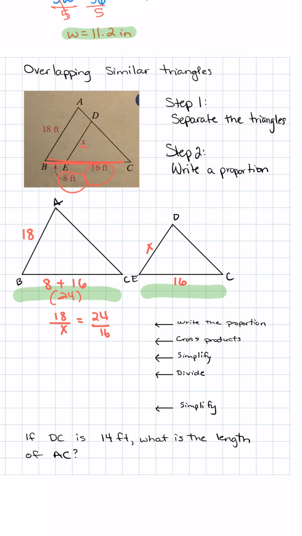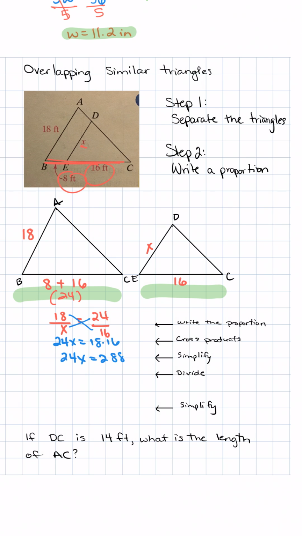So we want to cross product, so you know how we multiply across the way. That's going to equal 24x is equal to 16 times 18 equals 288. I guess I was supposed to write that out for you. It was supposed to be like this, 18 times 16, and then it wants us to simplify. So 24x equals 288.